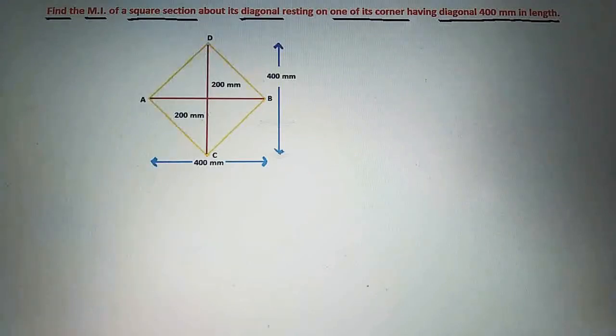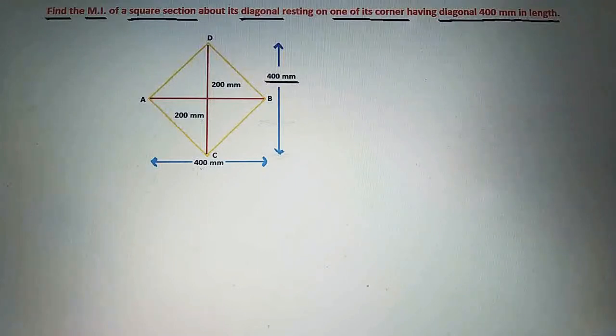See this diagram here, it shows the square section, that is ACBD, in which AB and CD are the two diagonals, and these two diagonals have length 400 mm.